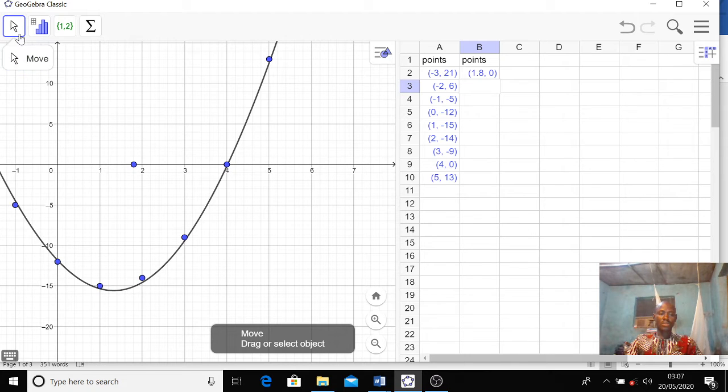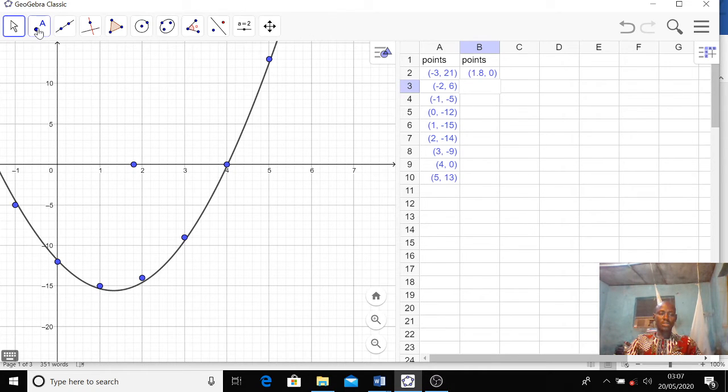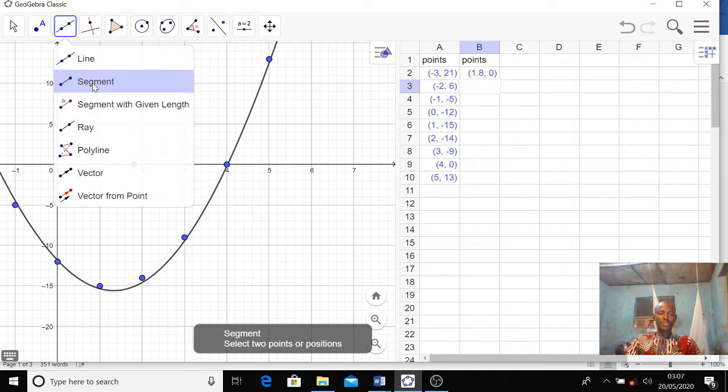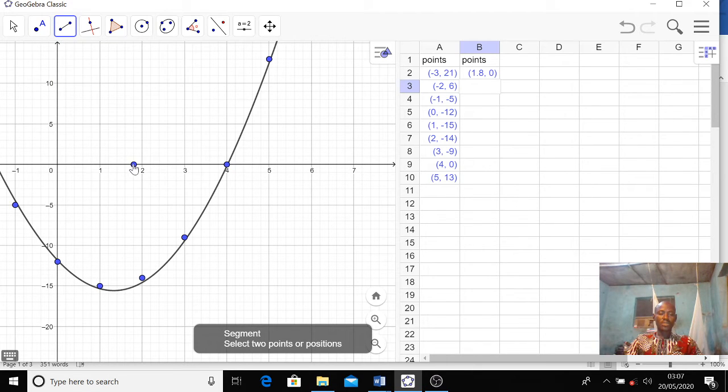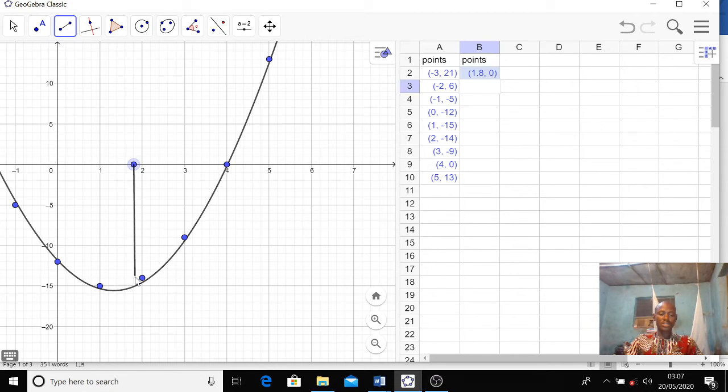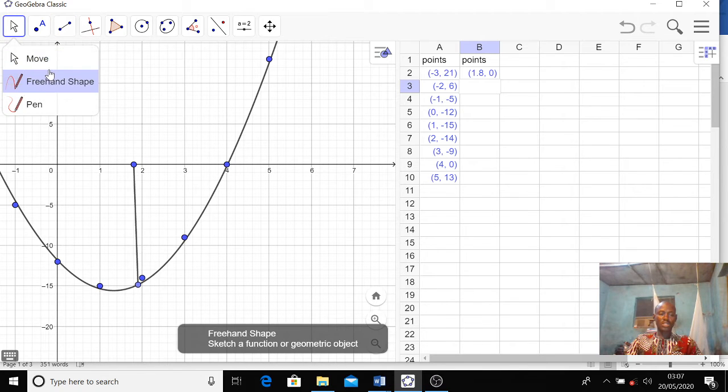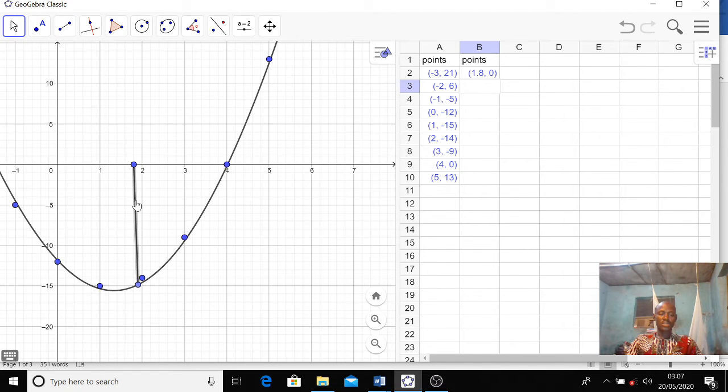You now go to your point. So let's take segments from here. Now you can draw your line, put it here. Oh, it's not straight. You have to make it straight.